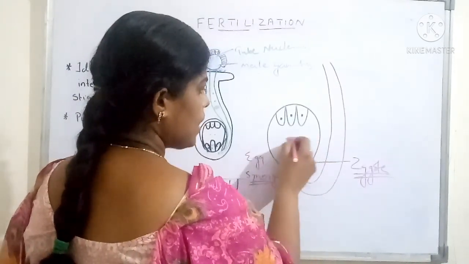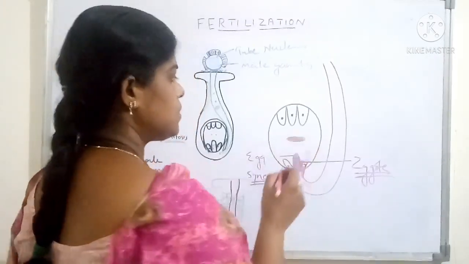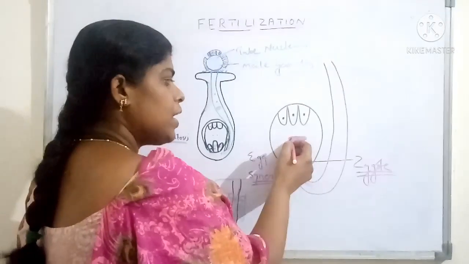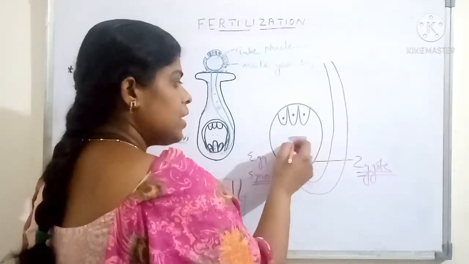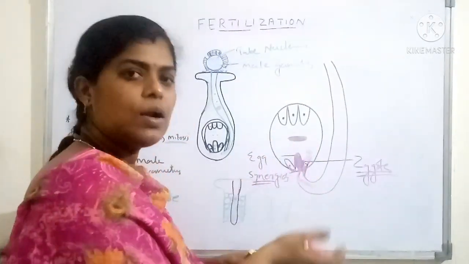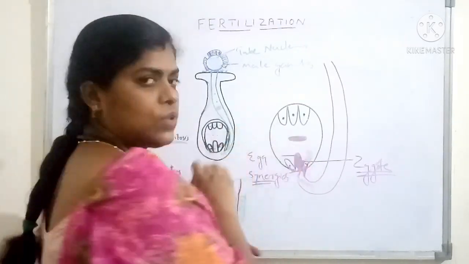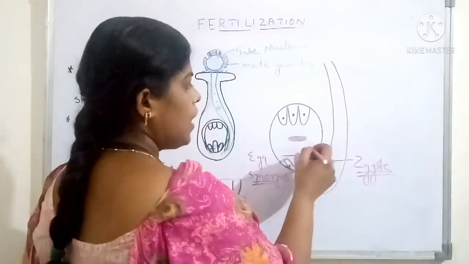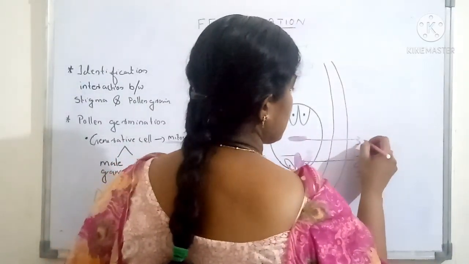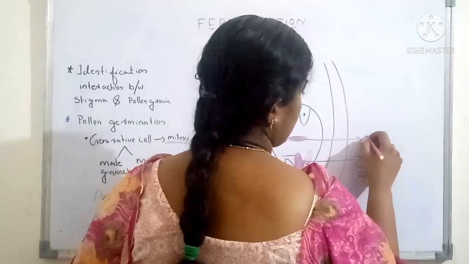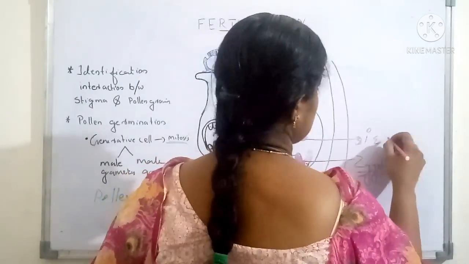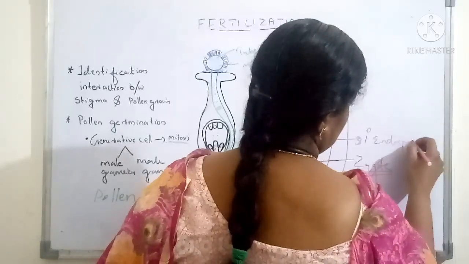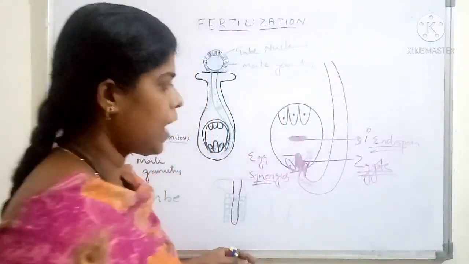Now it became a cell having three nuclei, a three-nucleated structure, because it had two nuclei over here and one more male nucleus is fused with that. This is forming the primary endosperm.